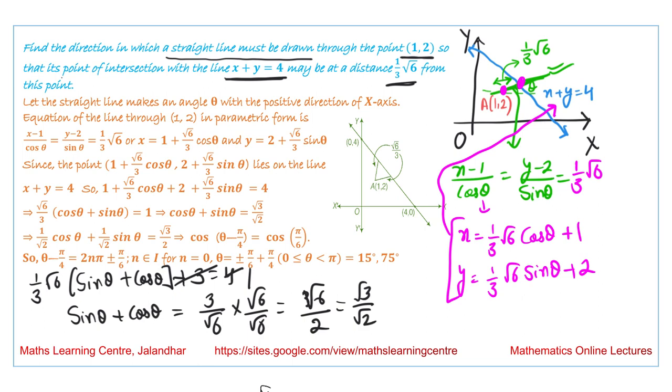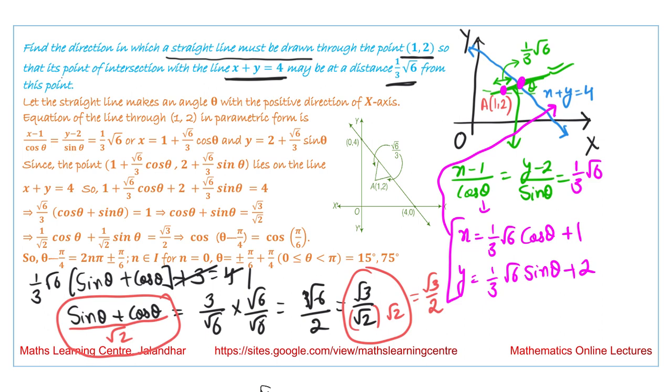Now if we multiply both sides of this equation by 1/√2, we get sin theta plus cos theta over √2 is equal to √3/2.